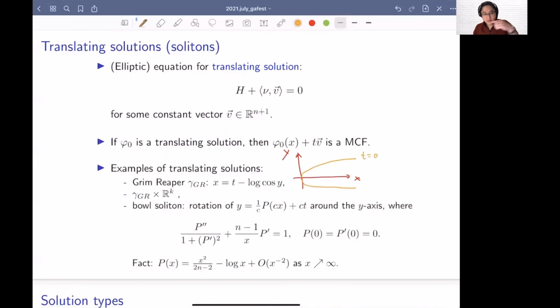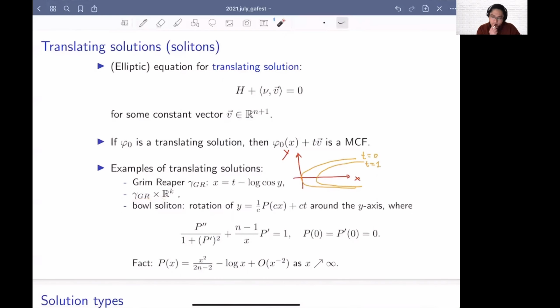And it's also translating in the positive axis direction with unit speed. So this is at a later time. Okay, so this is the Grim Reaper. We can also take the product of the Grim Reaper and R^k to get the so-called Grim Reaper hyperplanes.